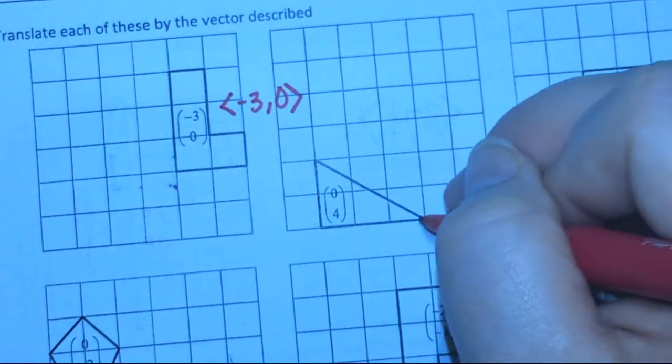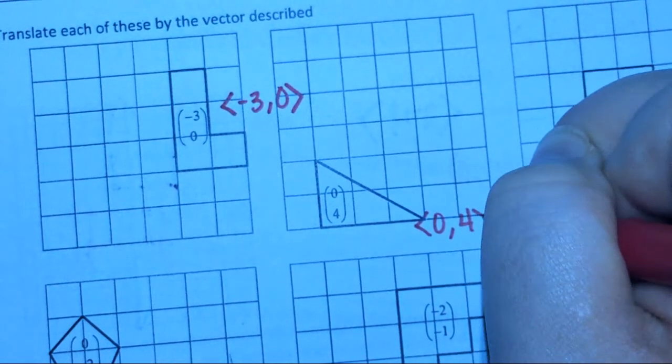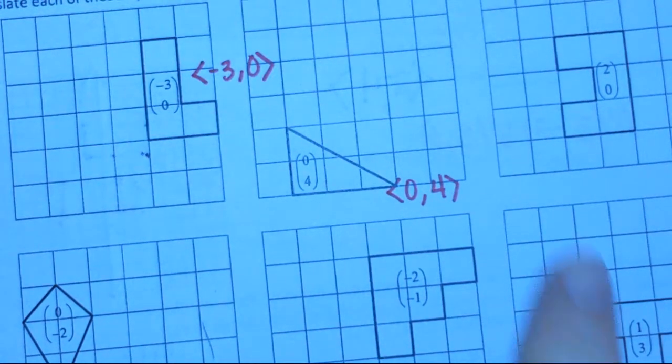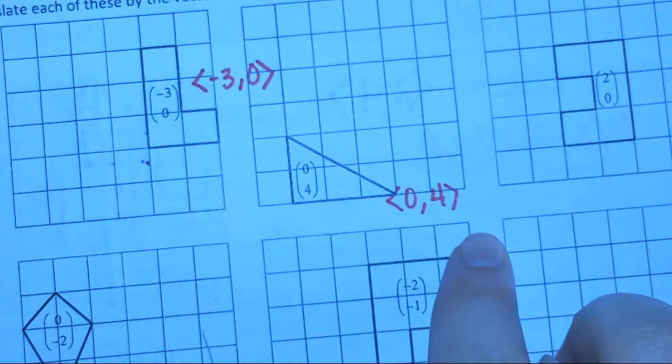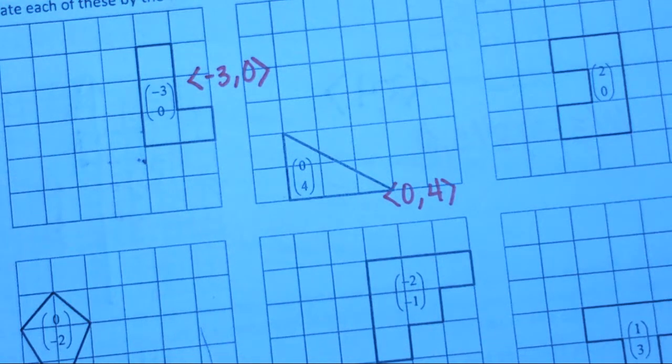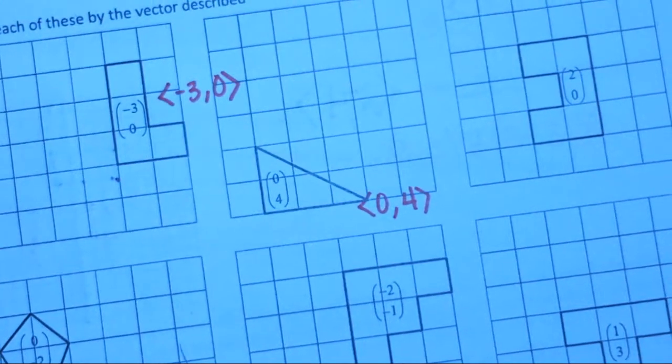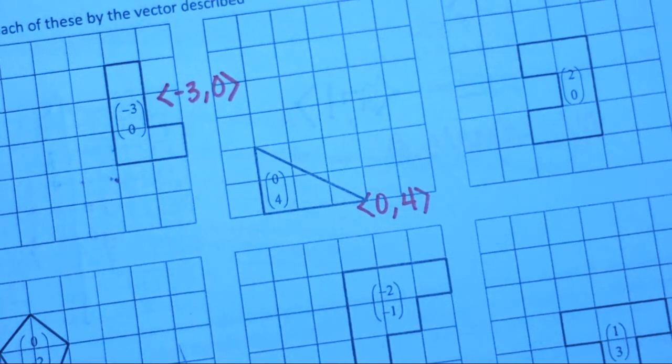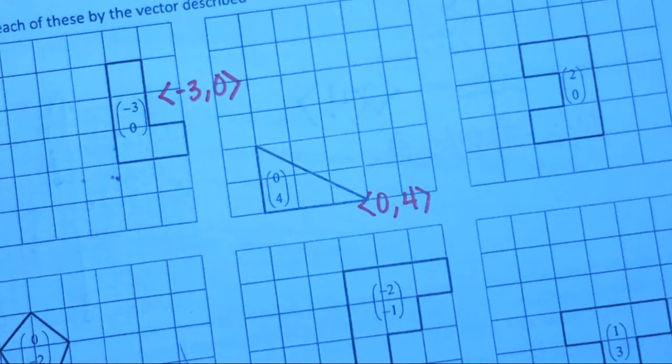So 0, 4 is really 0, 4 as a translation vector. So we're not moving any left or right, we're moving 4 up. But to me, it reminds me of a Tetris game. So you need to take each of the Tetris shapes and move them the way the translation vector wants. Are there any questions about that? Okay, I'm going to give you about 5 minutes on that, and then I'm going to start talking something else at you. So, here's your chance.